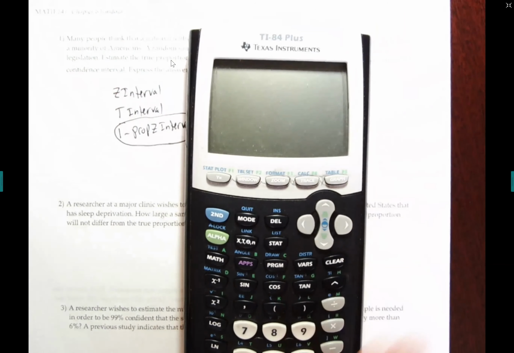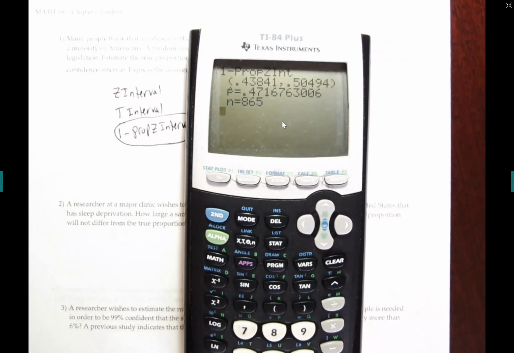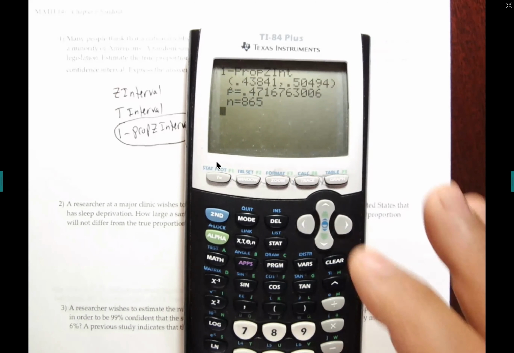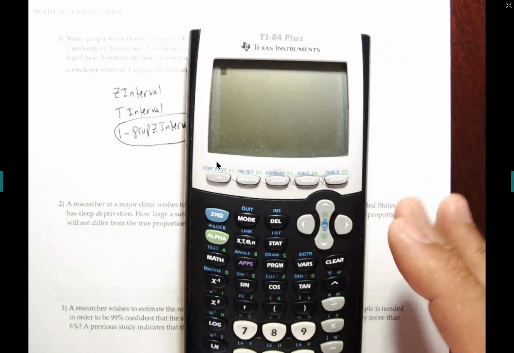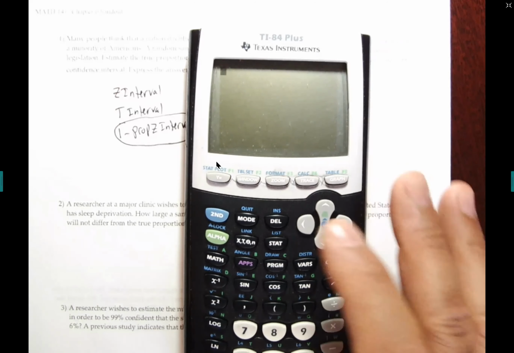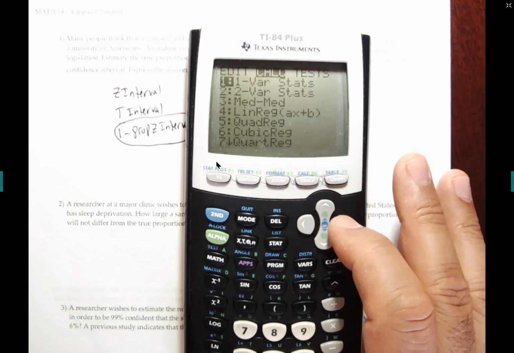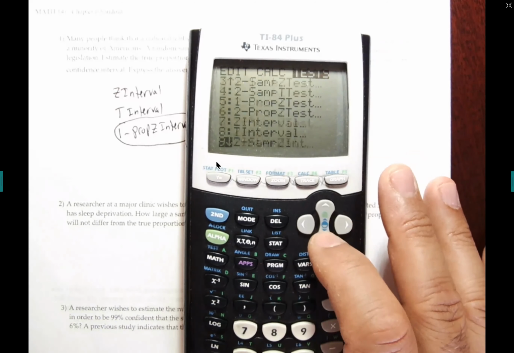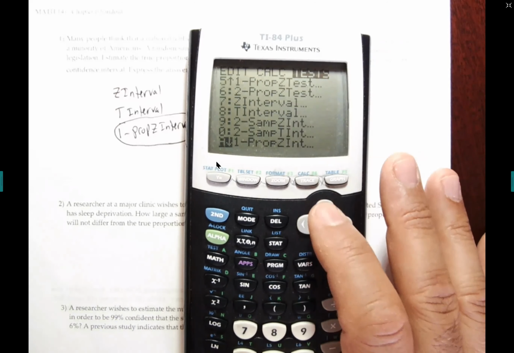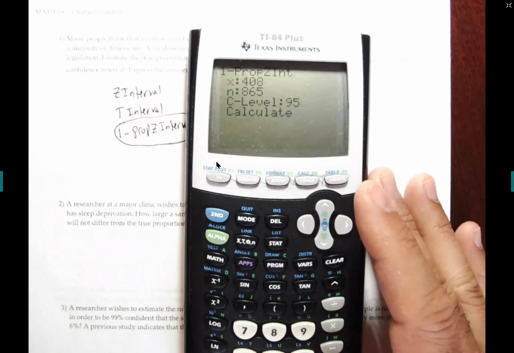Okay, let me do this with you guys. Turn the calculator on. To clear the screen, you just hit clear here and then go to stat. Prop Z interval.